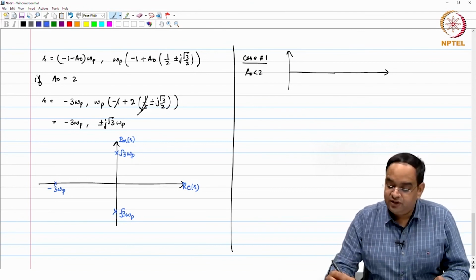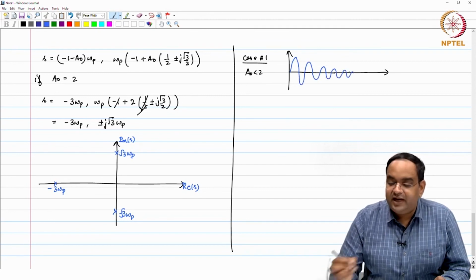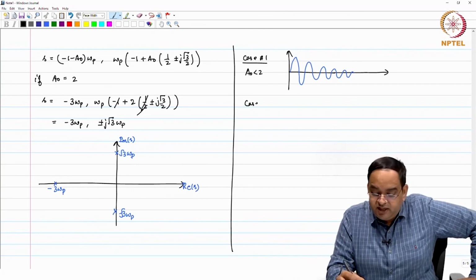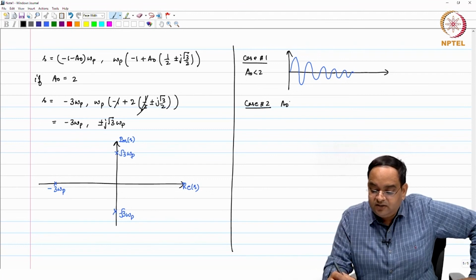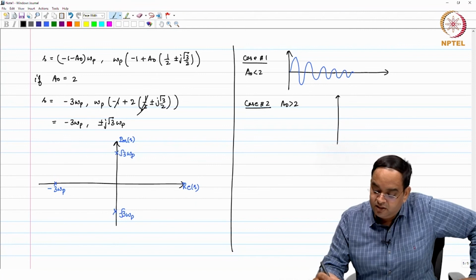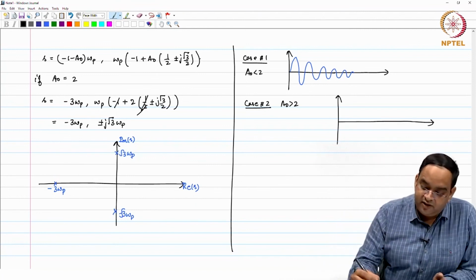What you are going to see, there may be oscillations, but those oscillations will die down at Vout. Okay. If you take case 2, where A0 is greater than 2, you can very well get it from here.